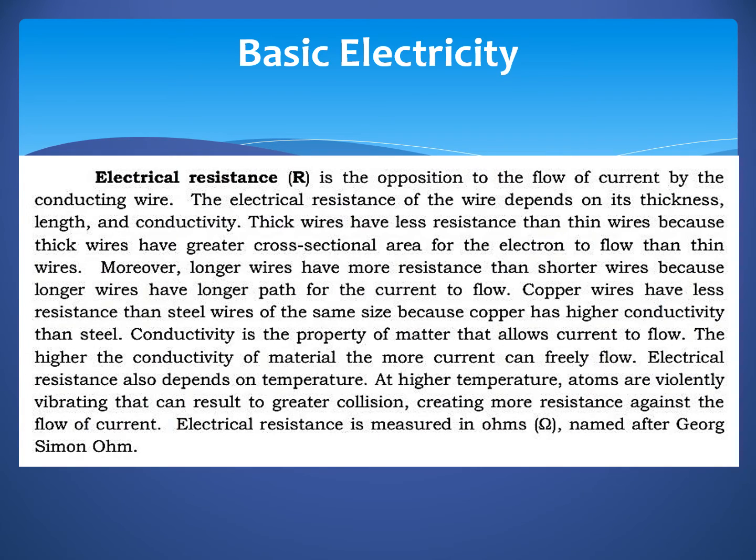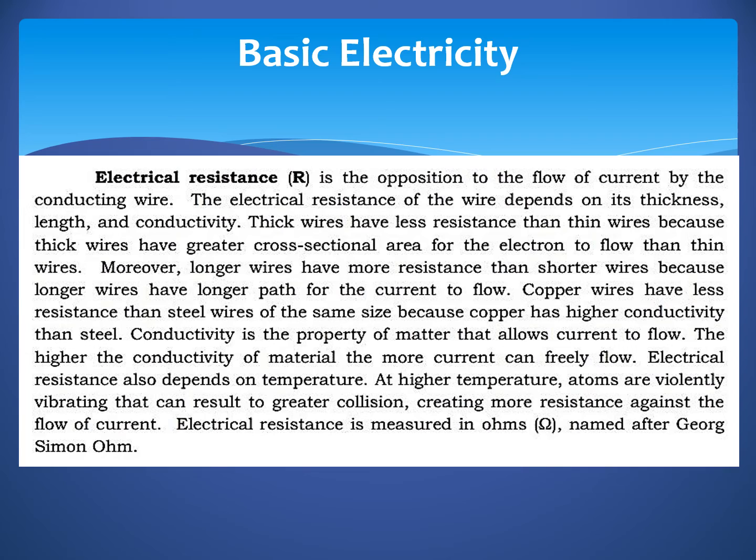All right, so in continuation, electrical resistance, I guess I've already given you some examples a while ago, is the opposition to the flow of current by the conducting wire. The electrical resistance of the wire depends on its thickness, length, and conductivity, as I've already explained.